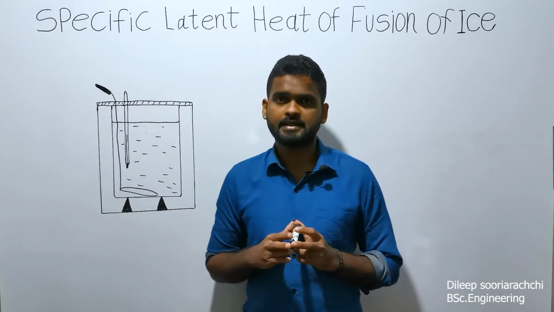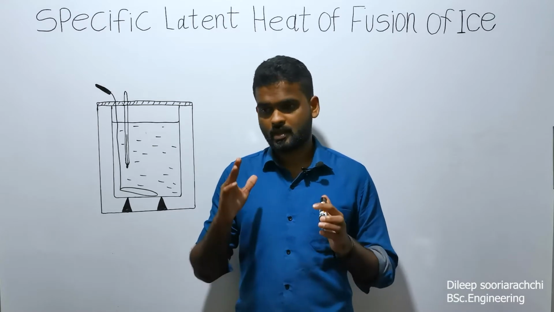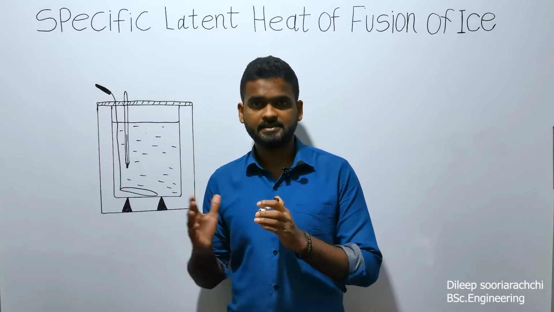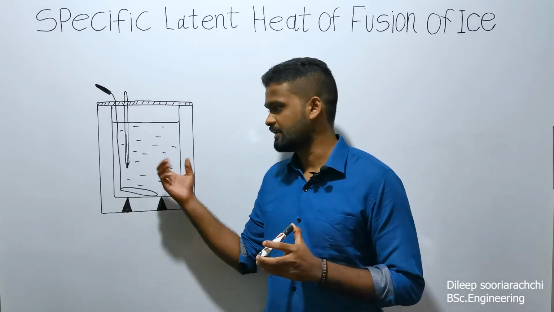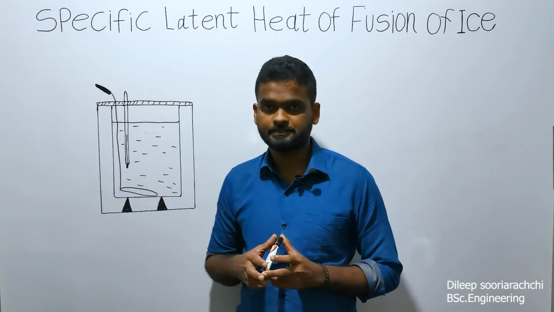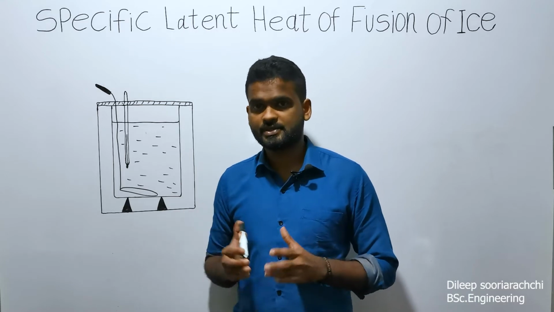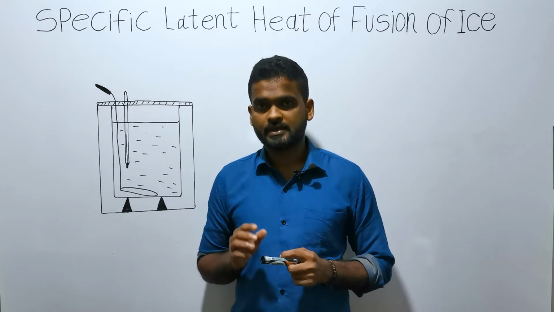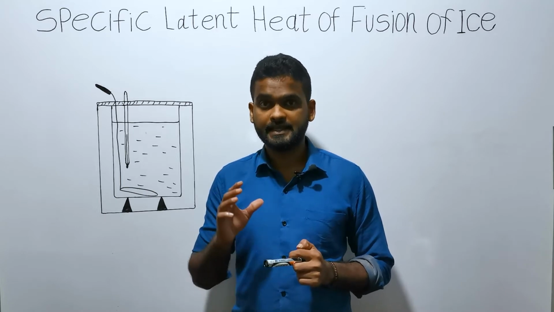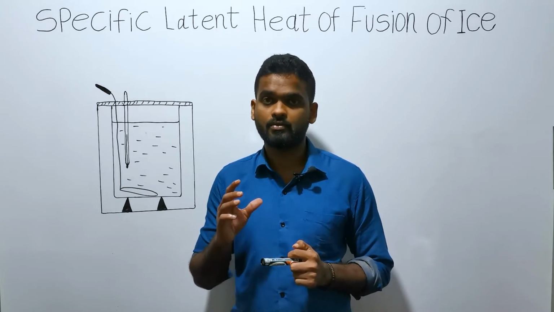So we can write an equation: heat absorbed by ice is equal to heat supplied by water and the calorimeter plus stirrer. Using that equation, we can find the latent heat of ice.